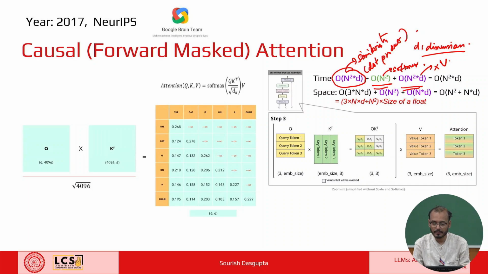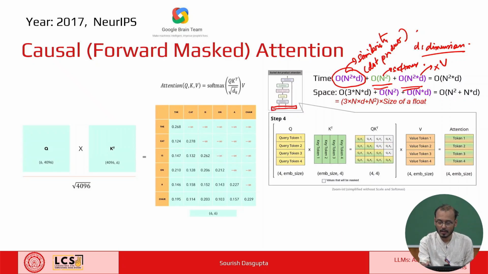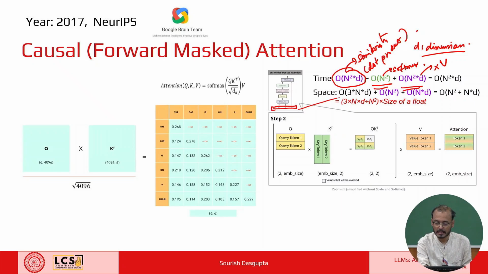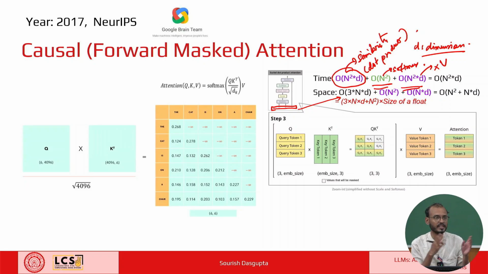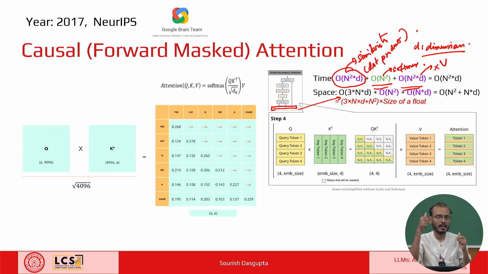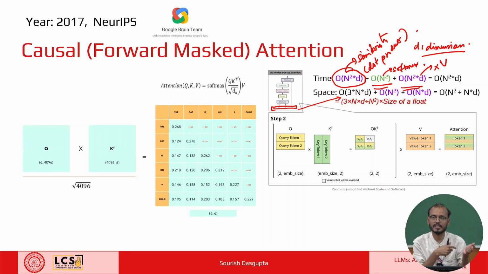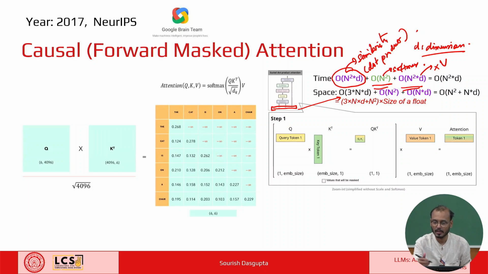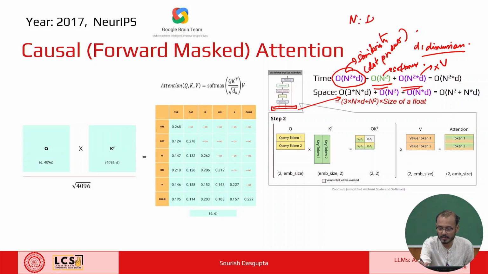And the space complexity, on the other hand, you start with q and k and v. So that's this. So 3 times, you have q, you have k, and you have v. So you have 3 times n multiplied by d, where n is the sequence length. So by the way, n is the sequence length.